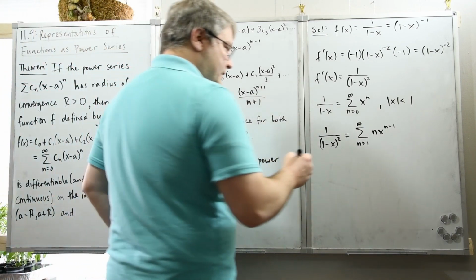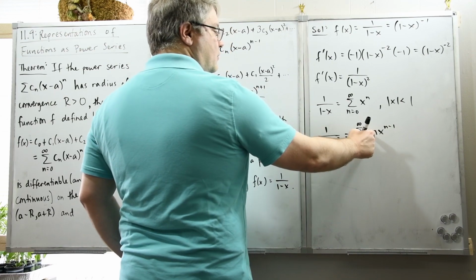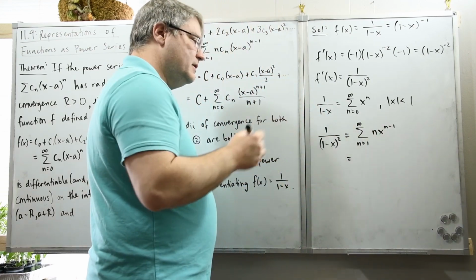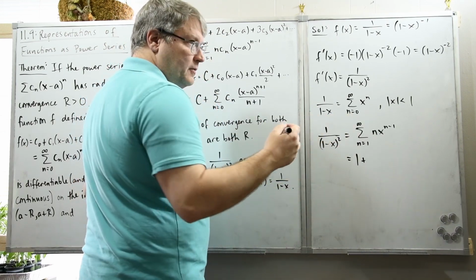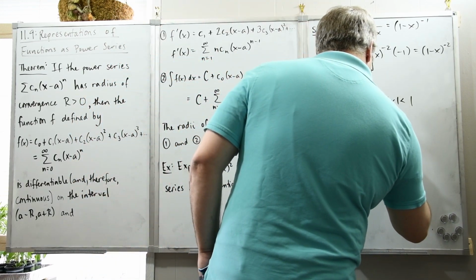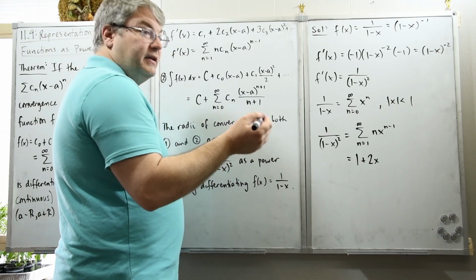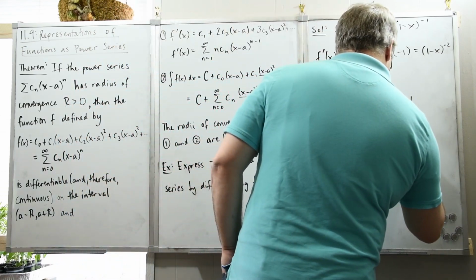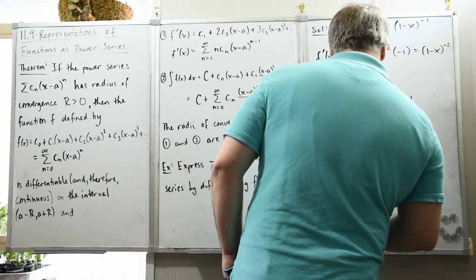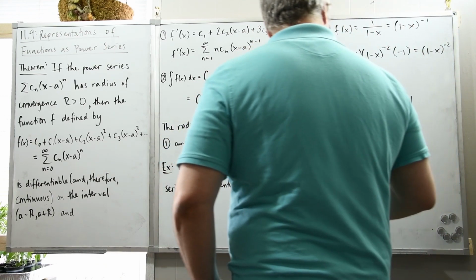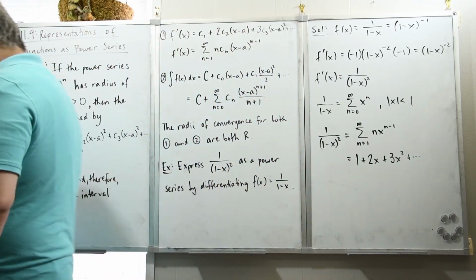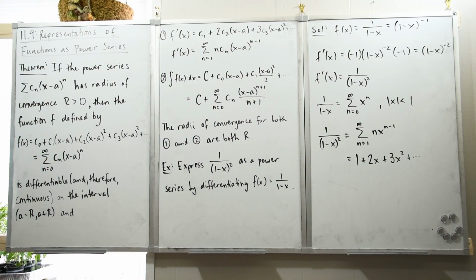So starting the index at 1, we have 1 times x to the 0, well, that's going to give us 1, plus 2 times x to the 2 minus 1, that'll be plus 2x, plus 3 times x to the 3 minus 1, so that'll be plus 3x squared, and a pattern emerges. And once again, we'll have that our radius of convergence is equal to 1.